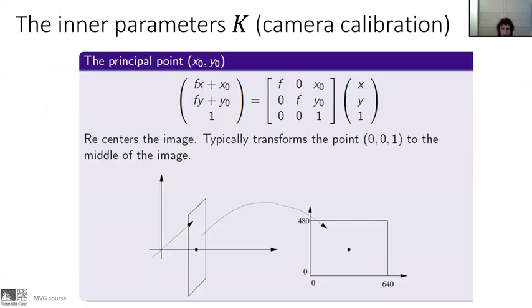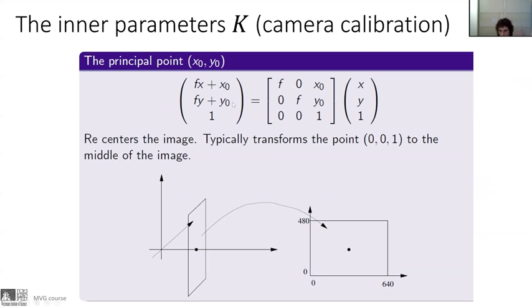Now, generally the principal point in the real world is located at 0, 0, 1, like here. But in real cameras, we would like to enumerate the images such that the 0, 0 is located in the left upper corner, left bottom corner, never mind.